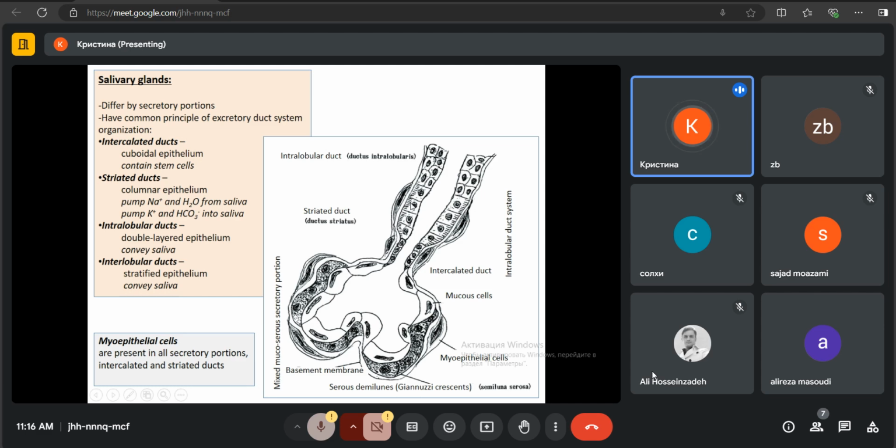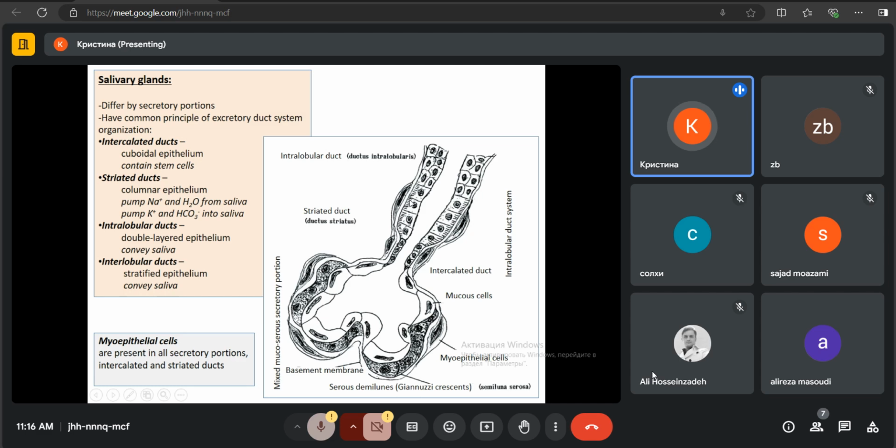It means that in the membrane of these cells of the striated duct, there are a lot of ion pumps, or ATPases, which use the energy of ATP to pump some ions into the saliva and some ions from saliva to the blood. These ion pumps are located inside the membrane, and they need mitochondria to produce energy.